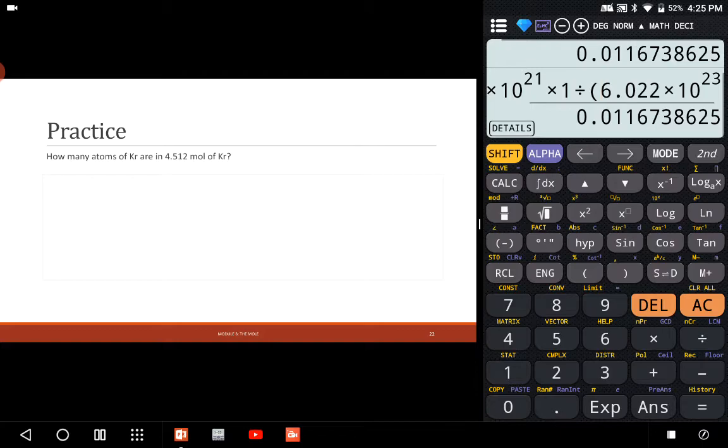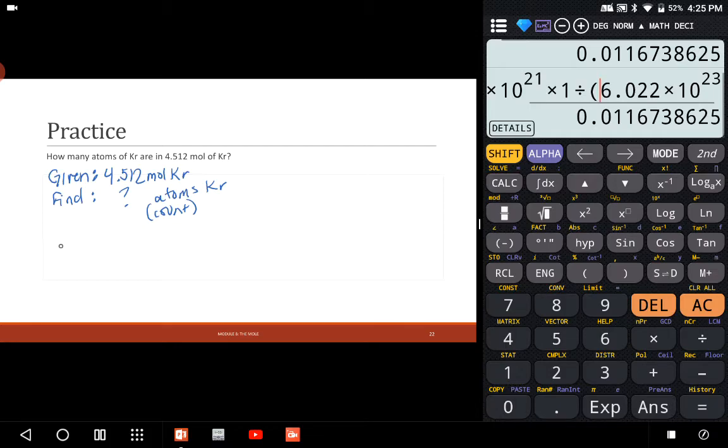Okay, let's do this. All right, so we are given 4.512 moles of krypton, and I am being asked to find atoms of krypton. Atoms, this would mean a count. I'm being asked to count them.